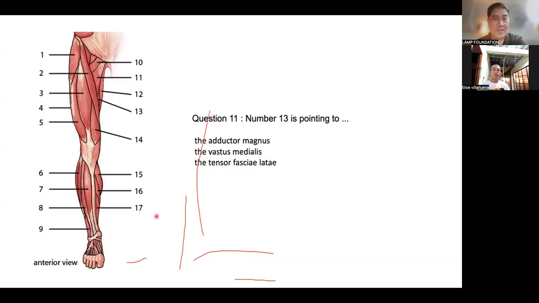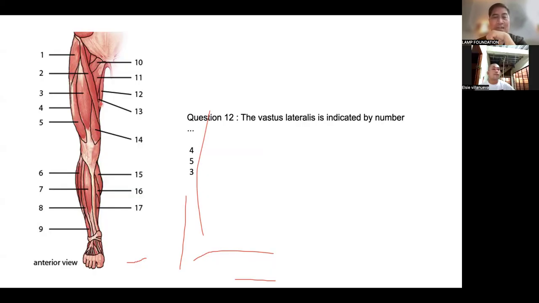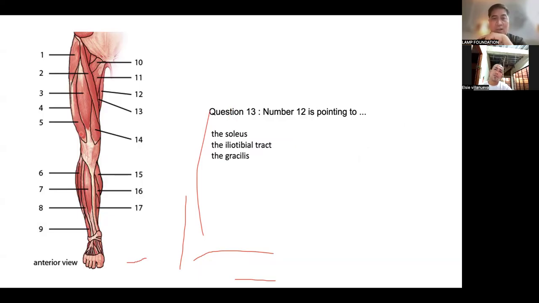Number 13 is adductor magnus. It's a very strong adductor. Magnus, parang ice cream. Ay, magnum pala yun. The vastus lateralis is number 5. Number 12 is the gracilis.